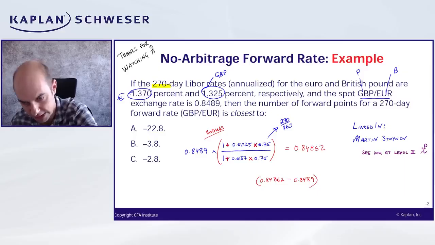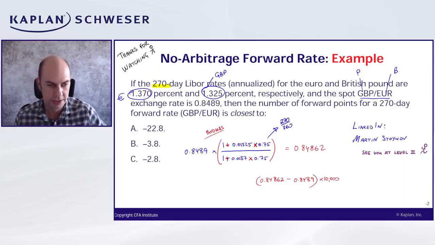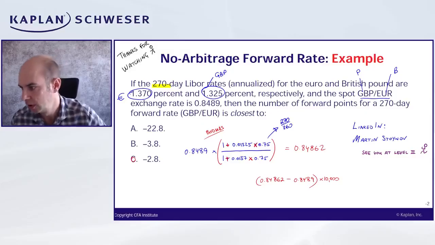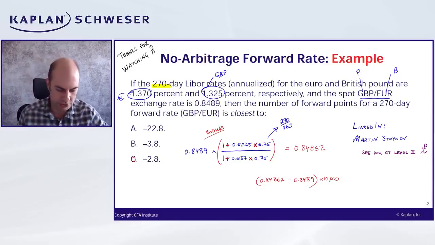And then obviously that's going to be in decimal, so I'm going to have to multiply by 10,000 here, my friends, by 10,000. And that's going to give me, obviously, option Charlie, minus 2.8.